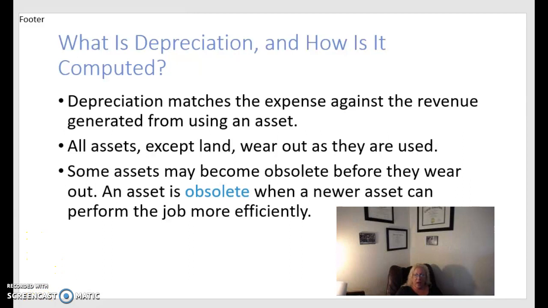Depreciation has nothing to do with cash, and that is a very important concept to understand. Okay, depreciation, we subtract it on the income statement, so it does deduct from net income, but it does not deduct from cash. And that will become very important when you begin to learn about the cash flow statement.